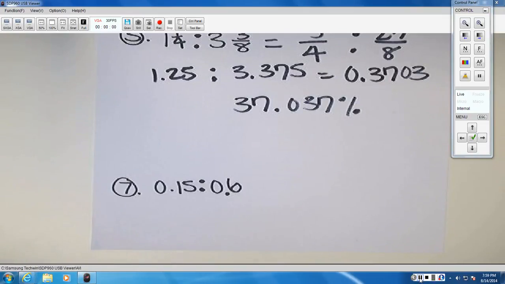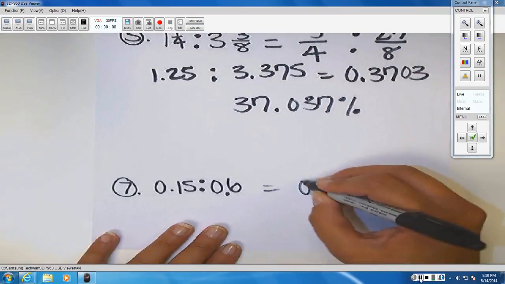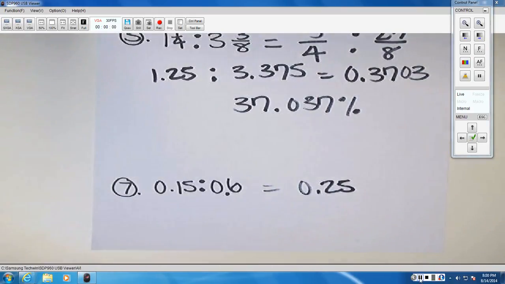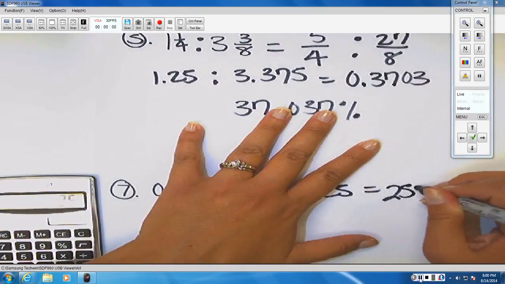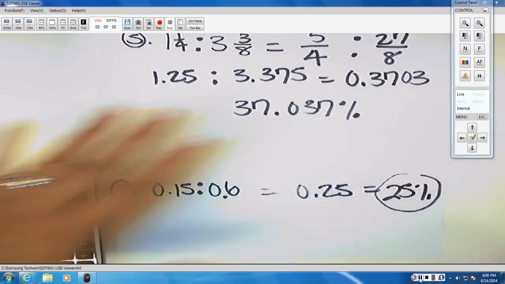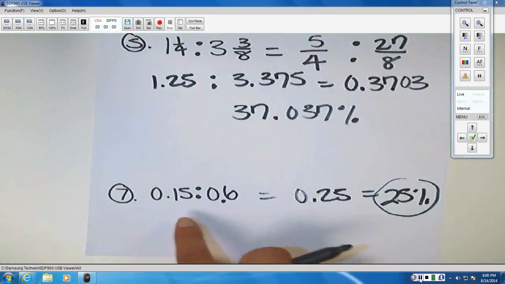So we're going to take 0.15 divided by 0.6, and when I divide that, it gives me 0.25. I'm now going to turn that into a percentage by multiplying it by 100. 0.25 times 100 gives me 25% as my final answer.